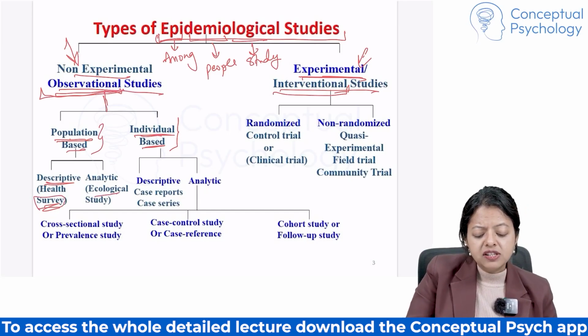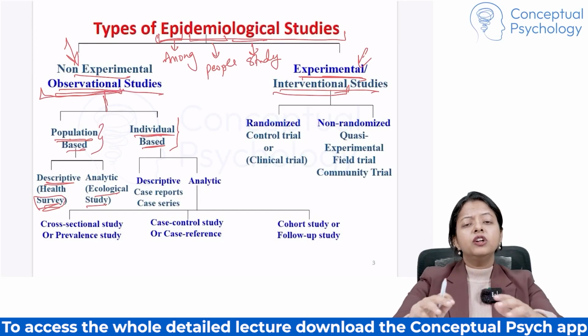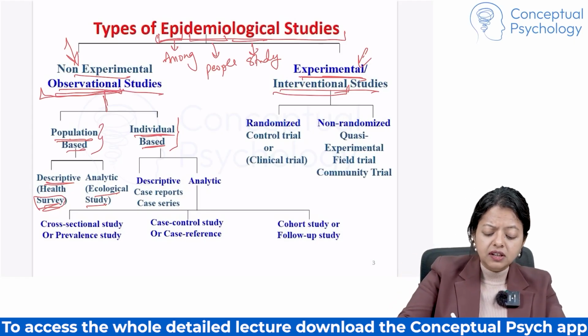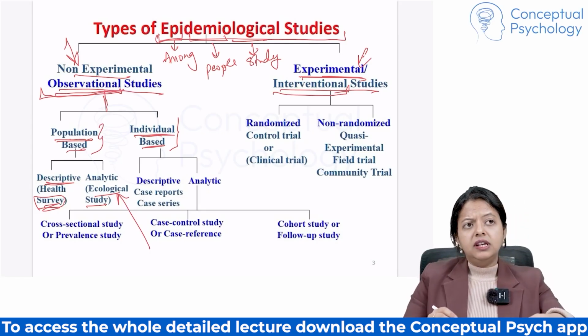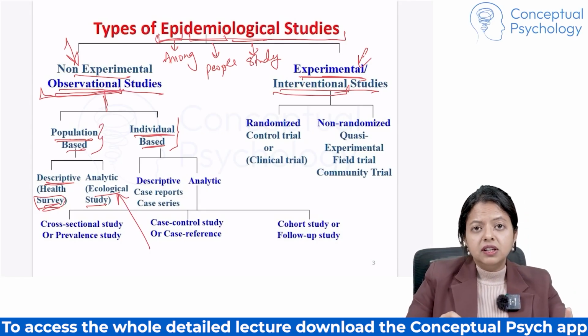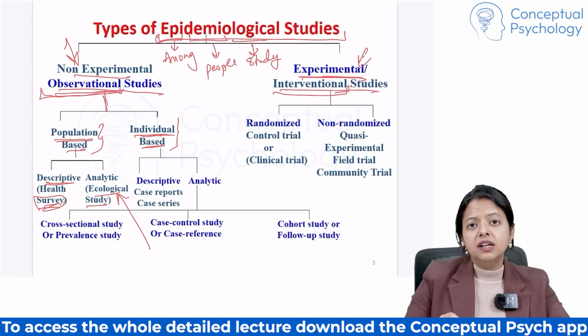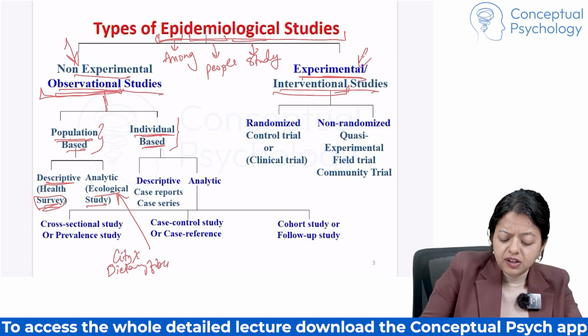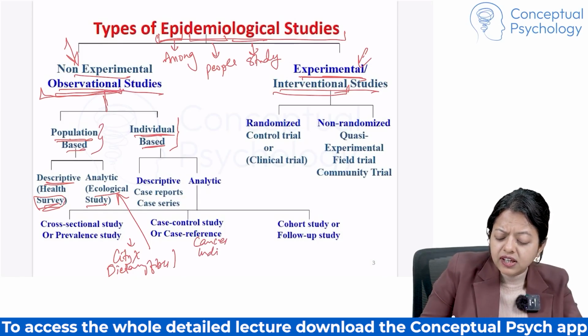Then ecological studies, when you try to find out the relationship between parameters at the population level, like the consumption of dietary fibers in kgs per day in a city X. You have this data and you want to correlate it with the colonic cancer incidence in that city.